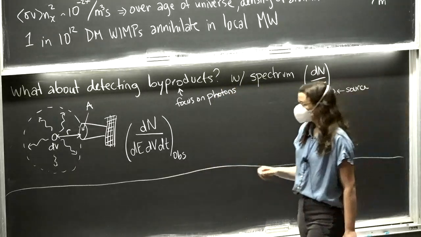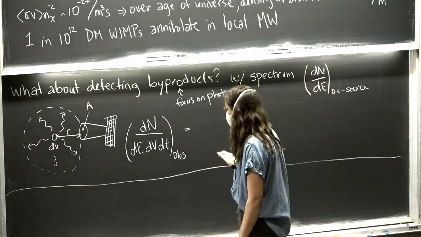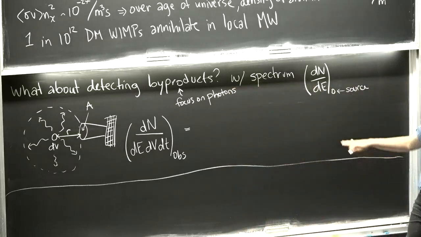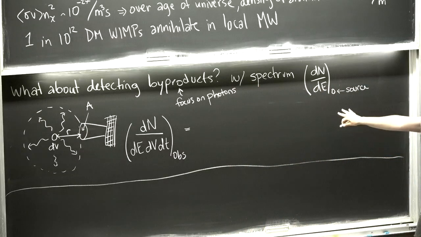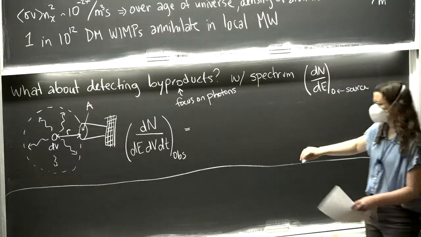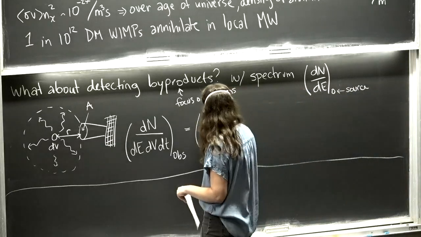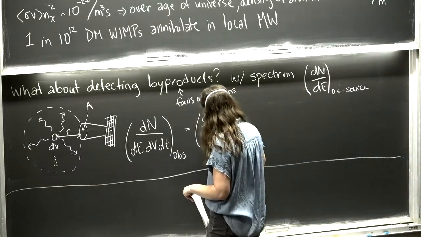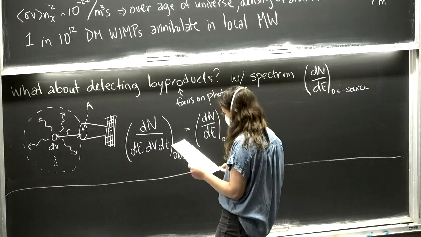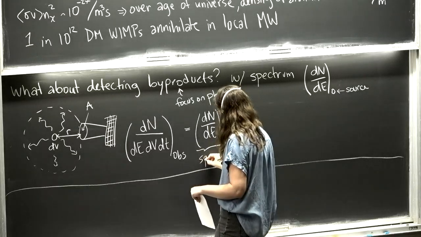And so to figure out what that's going to be, first of all, I'm going to multiply by my intrinsic source spectrum. Okay, this is my spectrum.